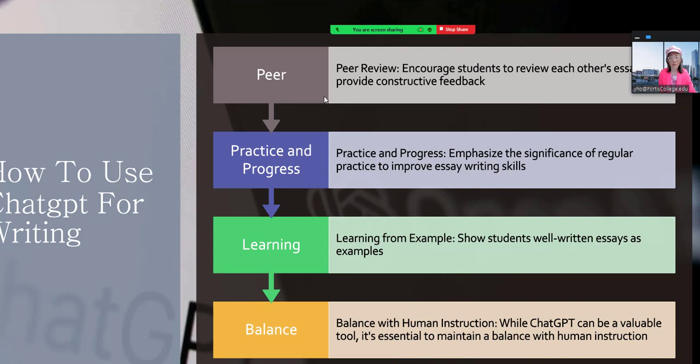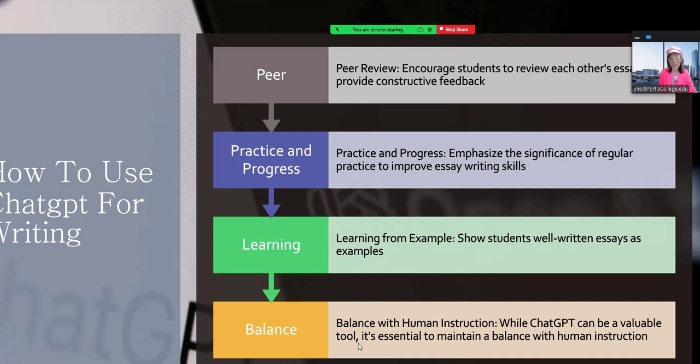Peer review. Encourage students to review each other's essays and provide constructive feedback. Practice and progress. Emphasize the significance of regular practice to improve essay writing skills. Learning from example. Show students well-written essays as examples.